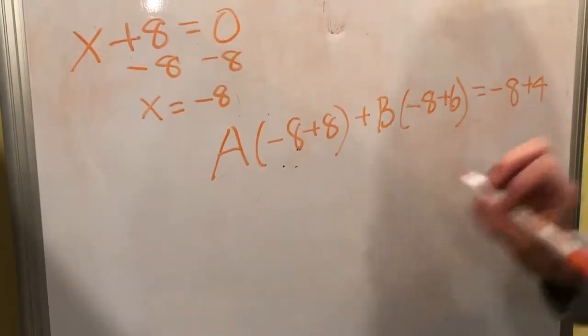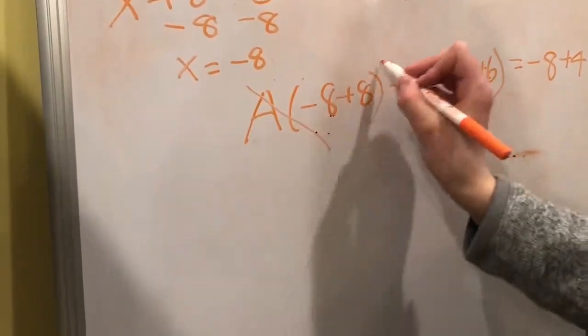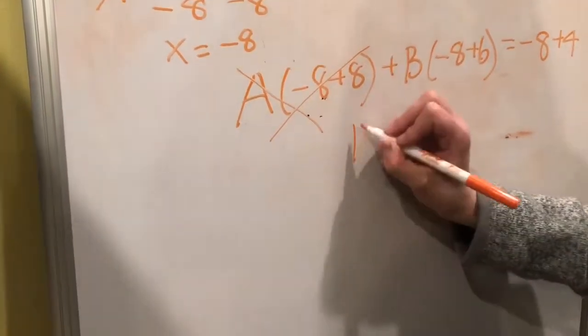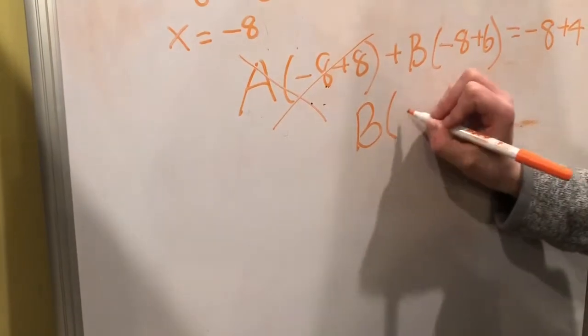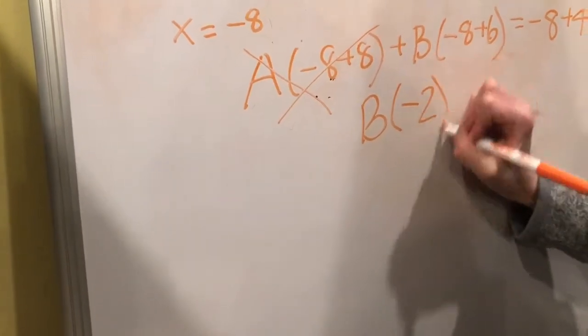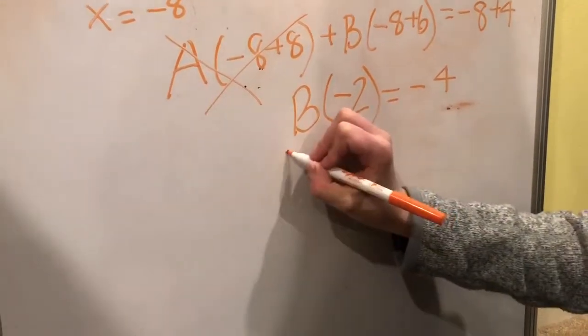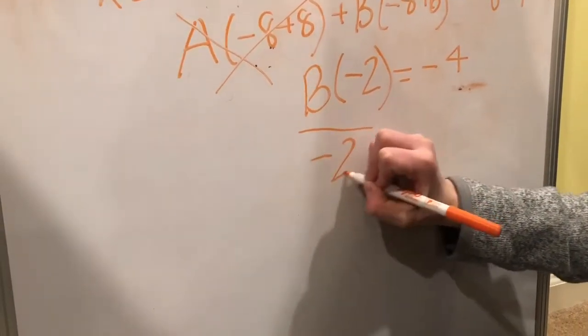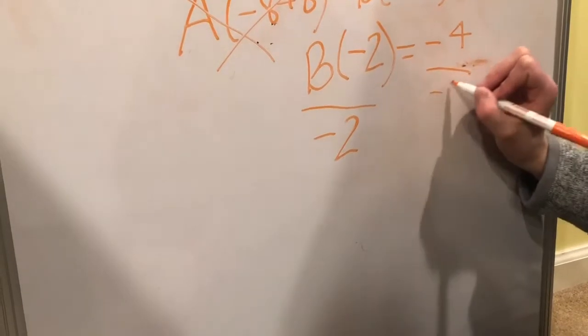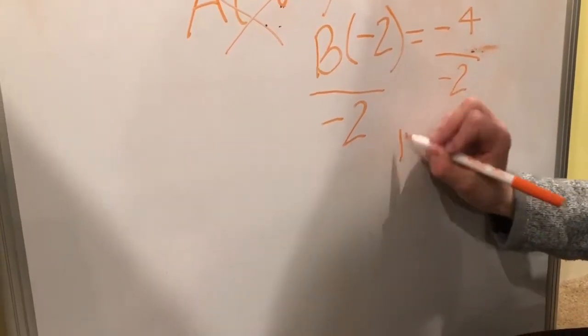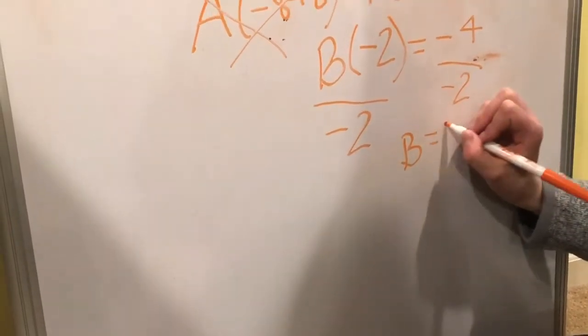So here this cancels out, so you get B times negative 2 equals negative 4. So then you divide by negative 2 from each side, and you get B is equal to 2.